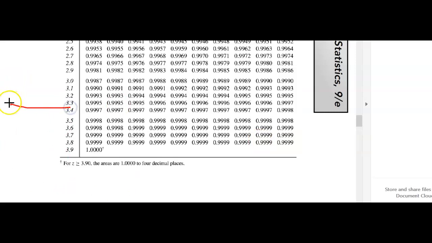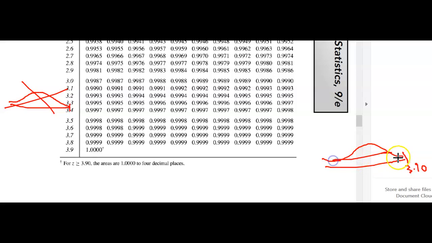Bear with me guys, it's a little bit messy. Let me do it over here, with a little bit more space. This is 3.9. This area here, all the way here, is 1. The area is 1.